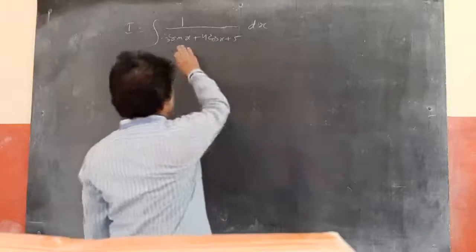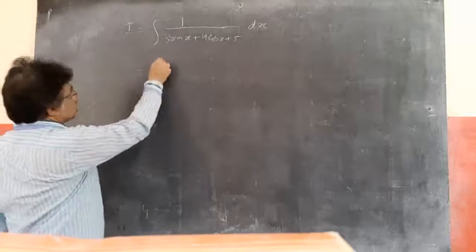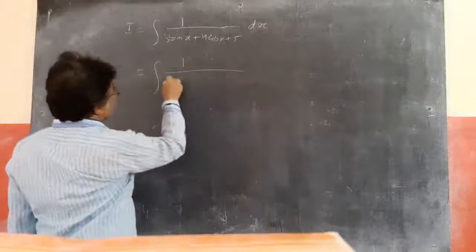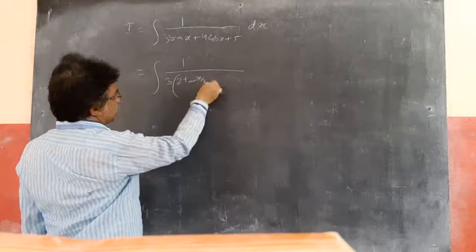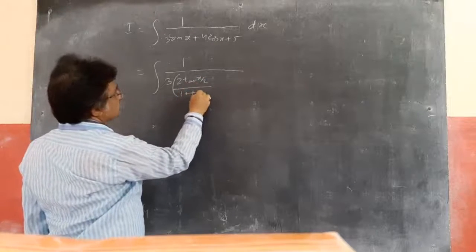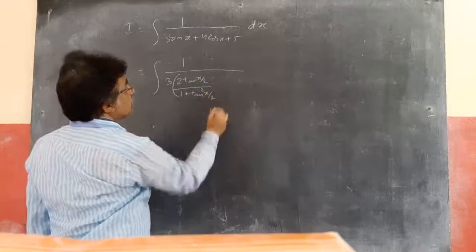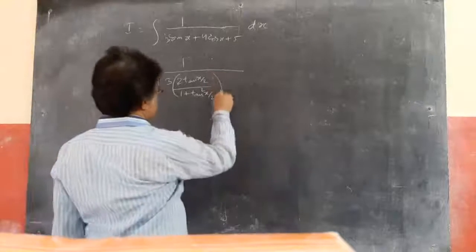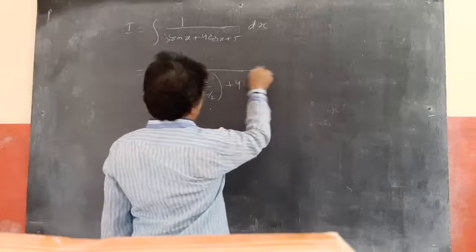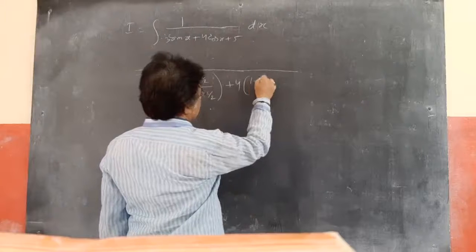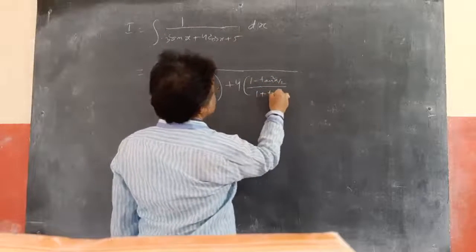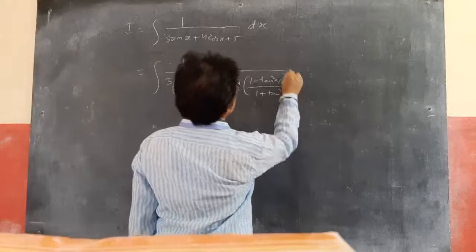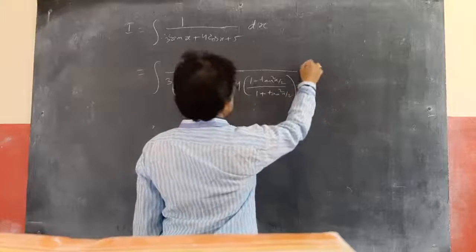So the sin 2 theta formula, cos 2 theta formula. So this becomes 1 by 3 into sin x, in terms of tan, is 2 tan x by 2 by 1 plus tan square x by 2, plus 4 into cos x, you can write as 1 minus tan square x by 2 by 1 plus tan square x by 2, plus 5 dx.